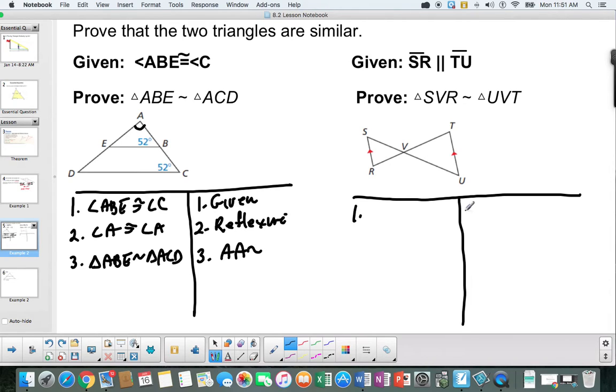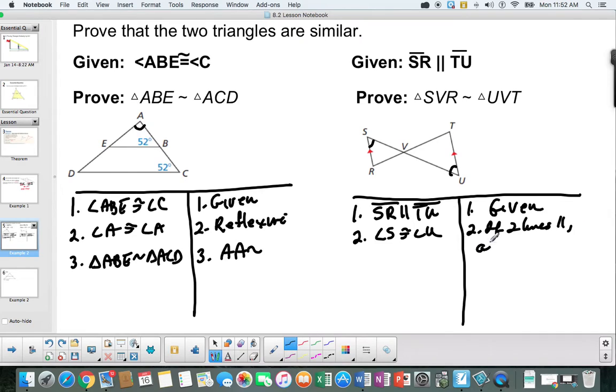So in a lot of ways, this is a shorter proof than triangle congruence, because you only have to prove two things. Number one, we have some parallel lines. Parallel lines always give you information about angles. So I can say that angle S is congruent to angle U, and that's because if two lines are parallel, then alternate interior angles are congruent.